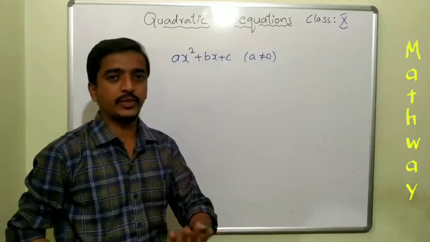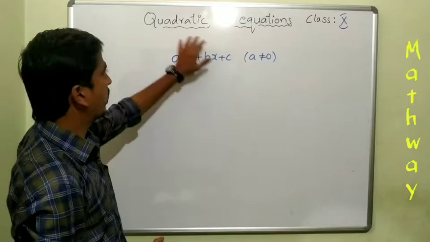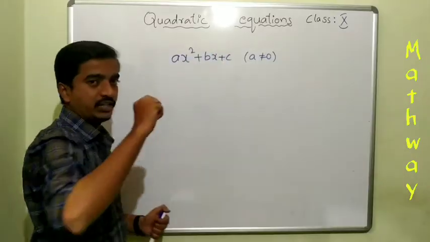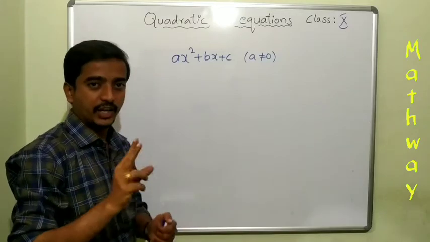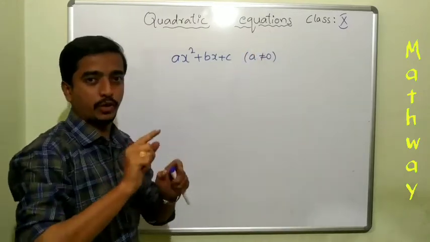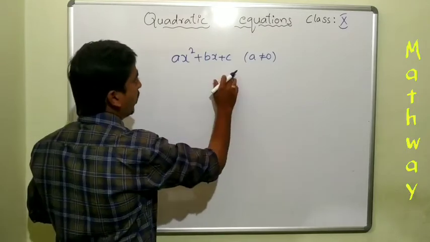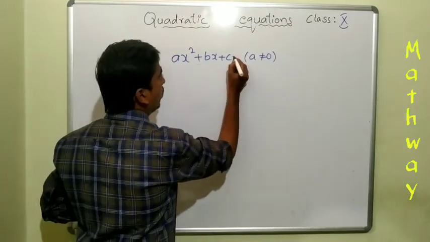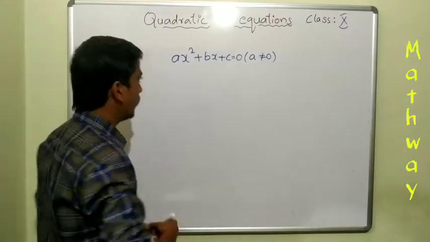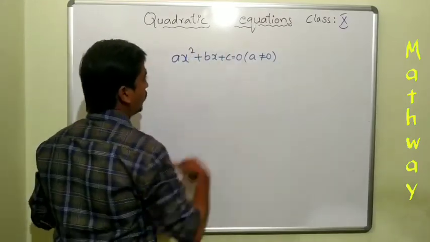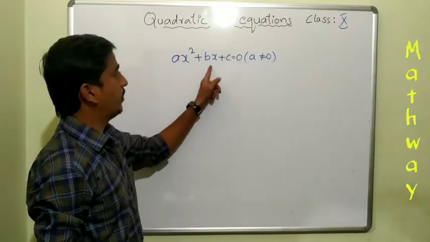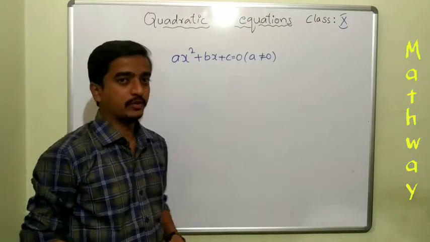When it comes to quadratic equation, it is an equation which has degree 2, and the equation term denotes there is an equal to. So if you make this quadratic polynomial equal to 0, then we can call it a quadratic equation. Here the degree of the quadratic equation is 2. The general form of quadratic equation is ax square plus bx plus c equals to 0.